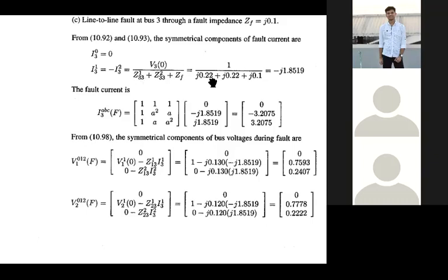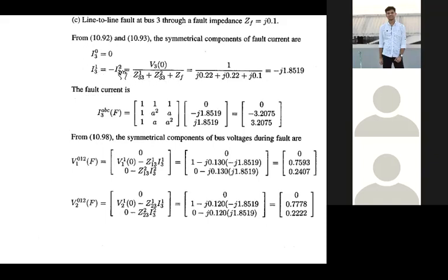Remember that for line to line fault, though you may have calculated or you have the Z bus 0, you don't need to use that information. It will be given, or it will be a redundant matrix for this case, the line to line fault case. So sometimes the matrix will be given, but you have to be careful handling those matrices. So the first step that I have mentioned: these are the impedances in the 0, 1, 2 domain.